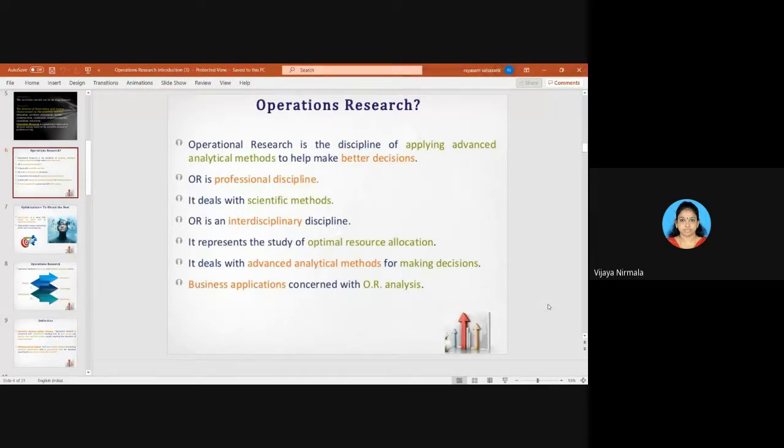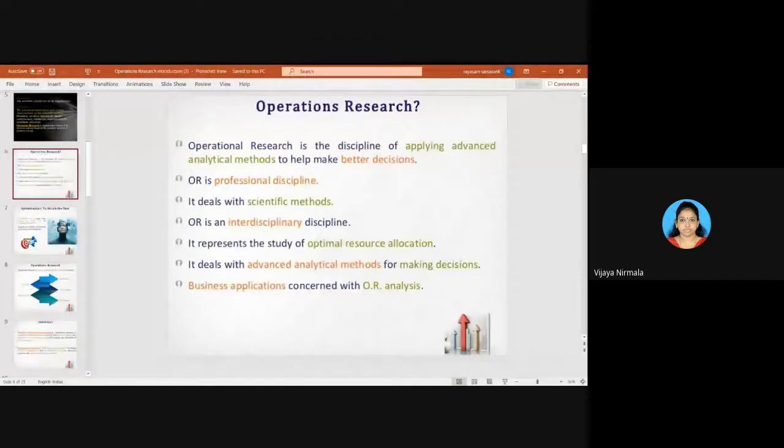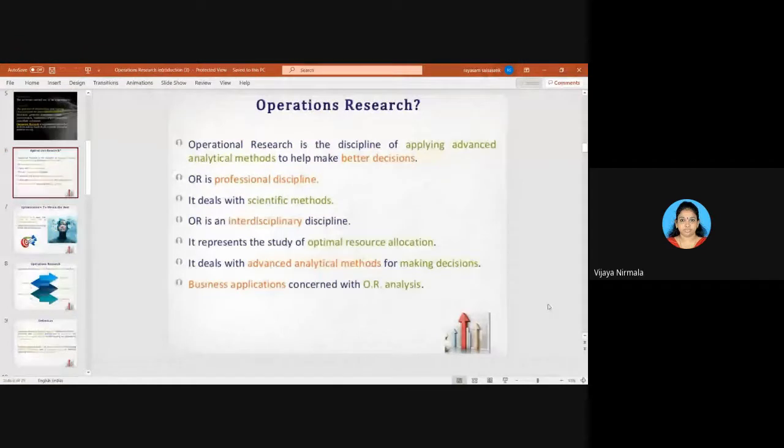So already operations research is meant for taking decisions, and if you apply more analytical methods to it, this will be helpful to make better decisions, right?